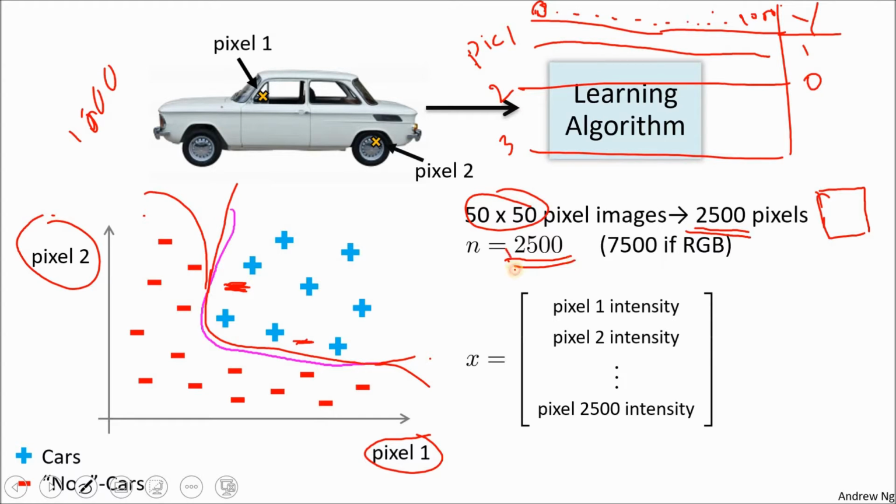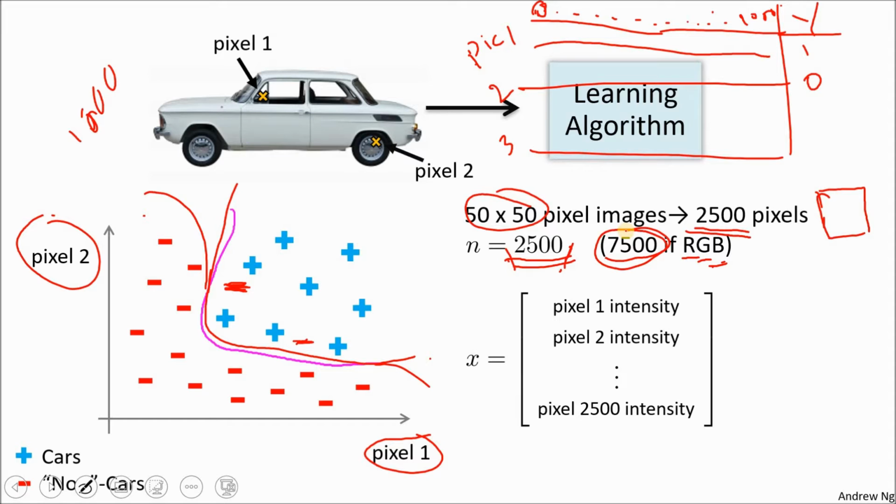If you consider a color image, then remember from your media computation course that color images have 3 different matrices, R, G and B, 3 channels. So then it will become 7500 values.